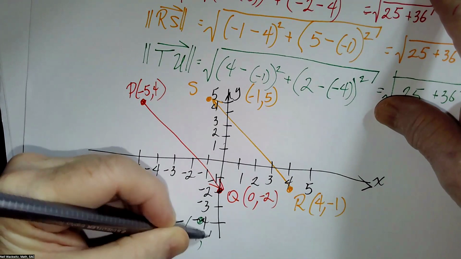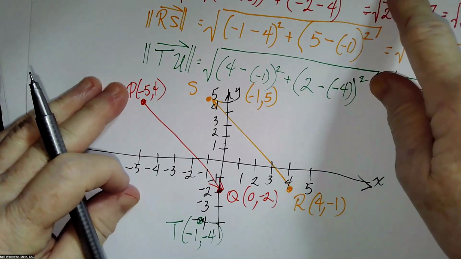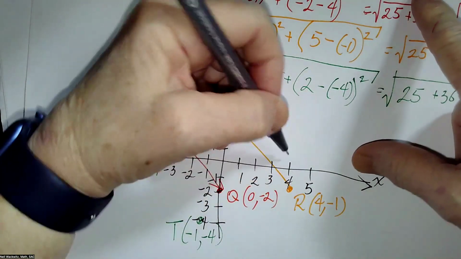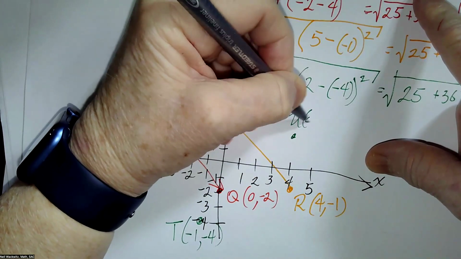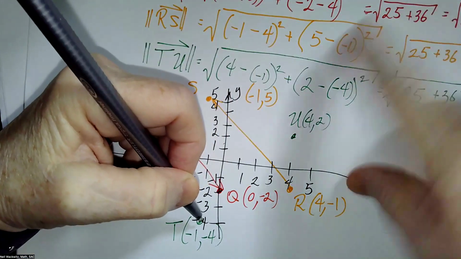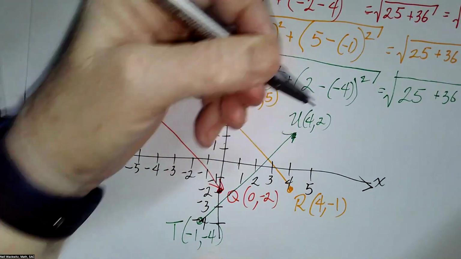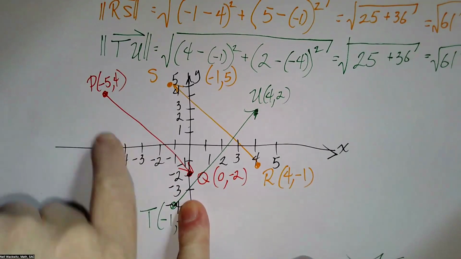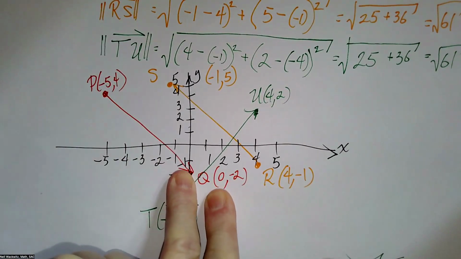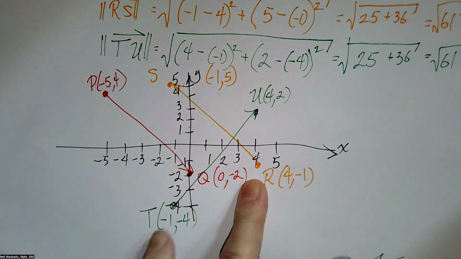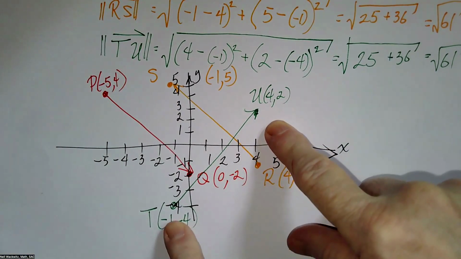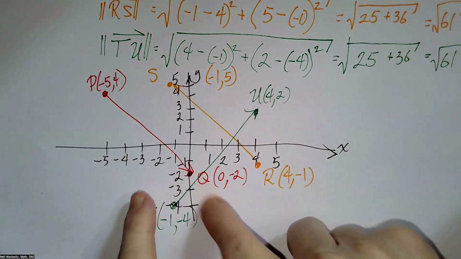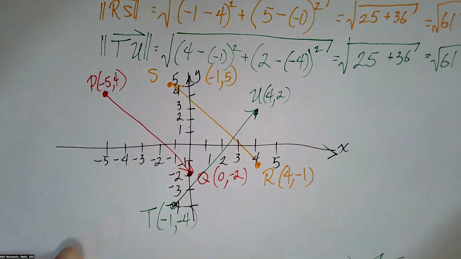U goes to 4, 2. And we're going from T to U. And I can see, without doing any math to find the angles, that PQ is opposite in direction to RS, and that it looks like TU is actually at right angles with PQ and with SR.